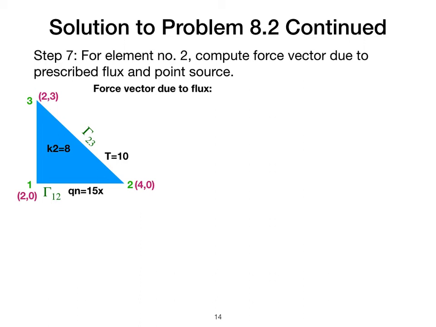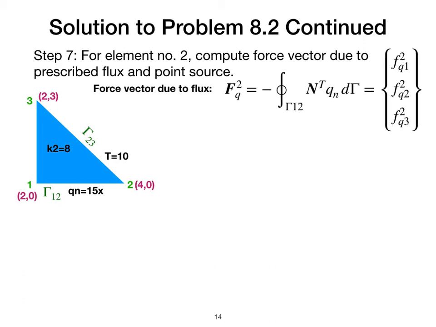This is because this is connected to the first element. So the force vector due to flux F2q is equal to minus closed integral of N transpose times Qn integrated over boundary 1 2.